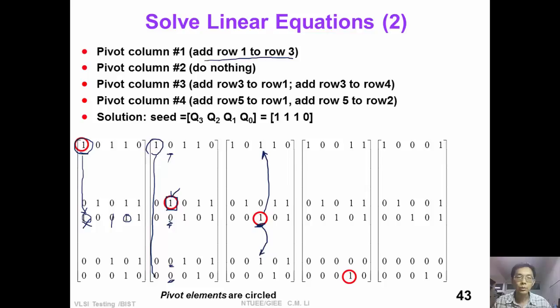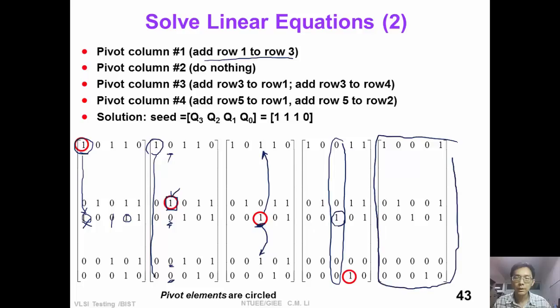We also add row 3 to row 4. After that, this one becomes the only one in this column. Eventually, we will get a linear equation system like this. So we know that the solution is 1, 1, 1, 0.